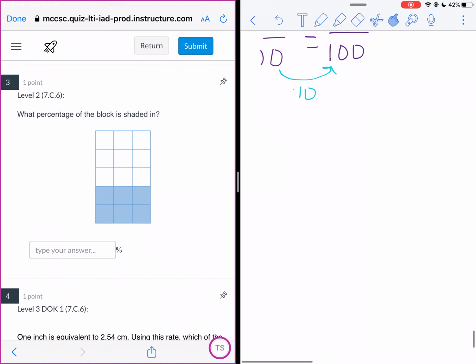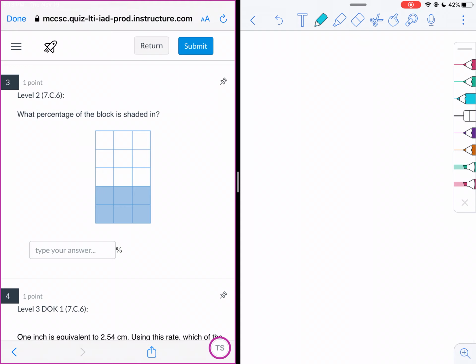Okay, so the next one, what percentage of the block is shaded? So we have 1, 2, 3, 4, 5, 1, 2, 3, 4, 5, 1, 2, 3, 4, 5, so 15. And 6 are shaded out of the 15. Let's see, we can't do 15 times anything and get 100.